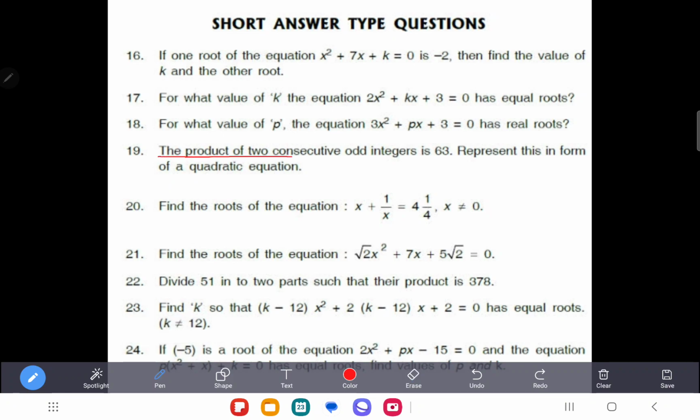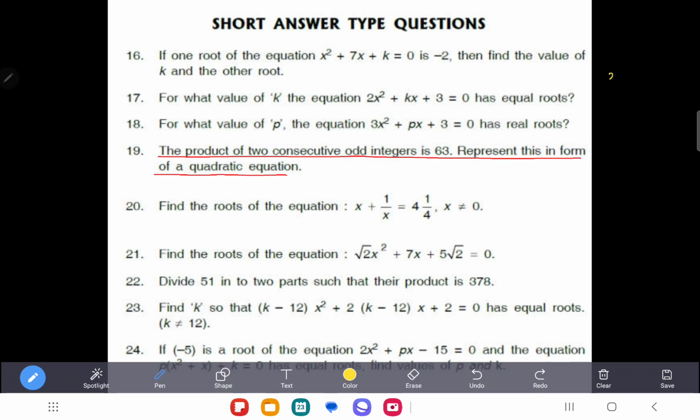What is the difference between the two odd integers? If one number is 3, the other number would be 5. If one number is 7, the other odd number would be 9. If one odd number is 1, the other odd number would be 3, isn't it?